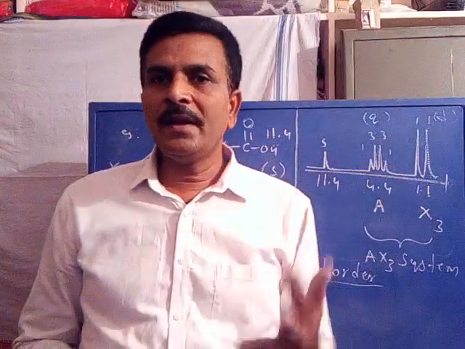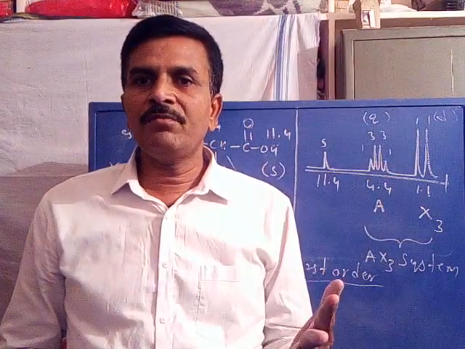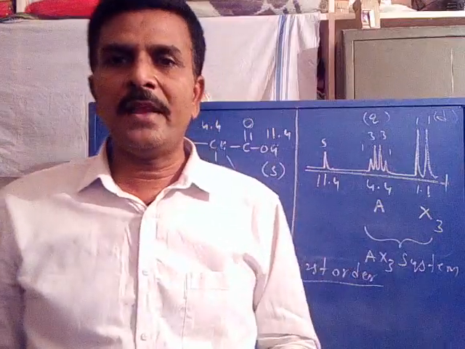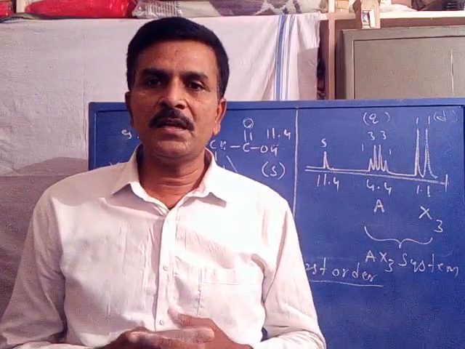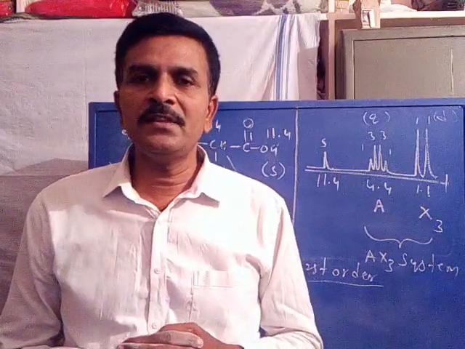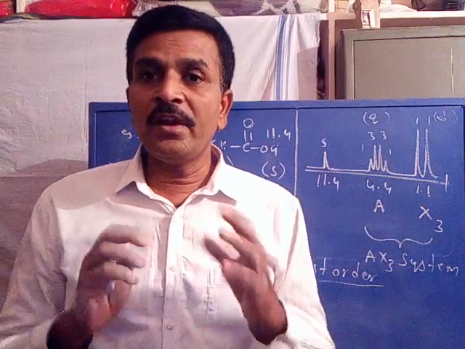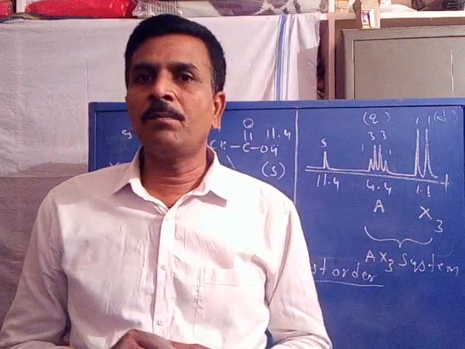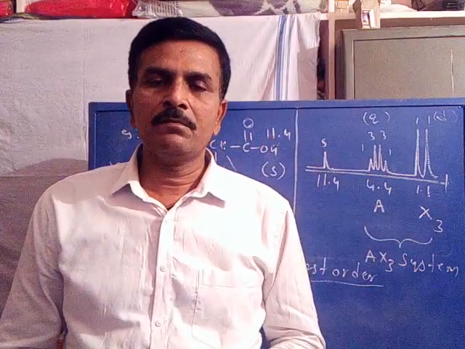Now, letter A always is to be assigned to a set of protons with lower delta value. Is it clear? The number of protons in each set under coupling should be designated with a subscript. Now, nomenclature is designed only for a coupled proton, not for uncoupled proton. So this is briefly about nomenclature.